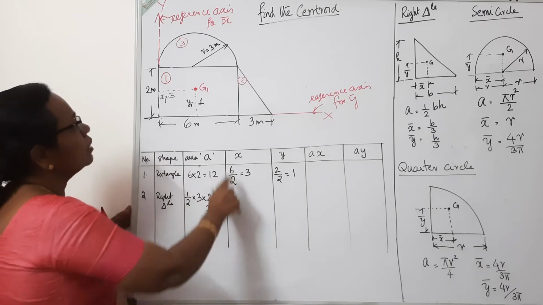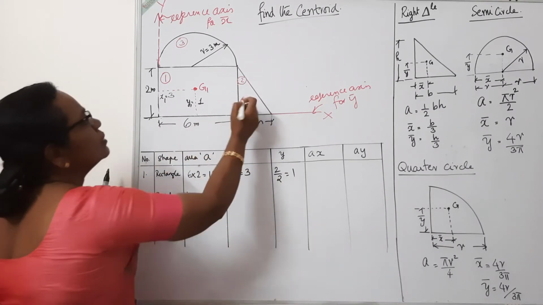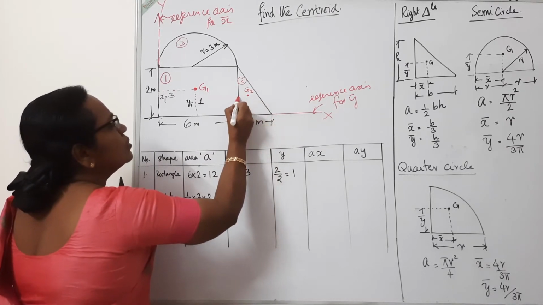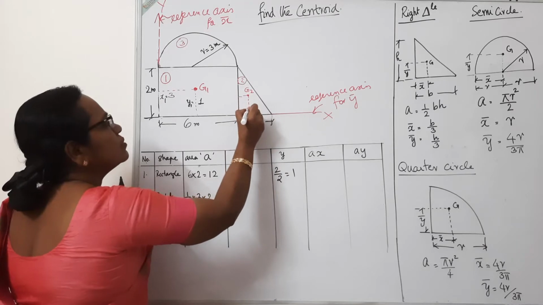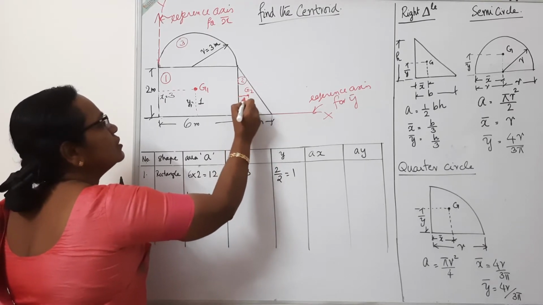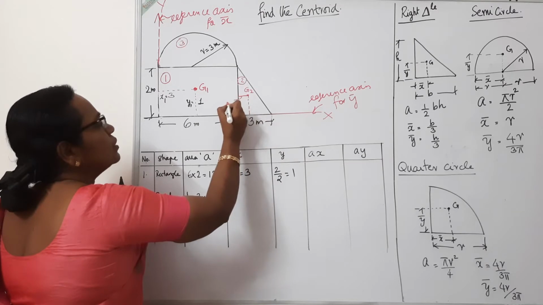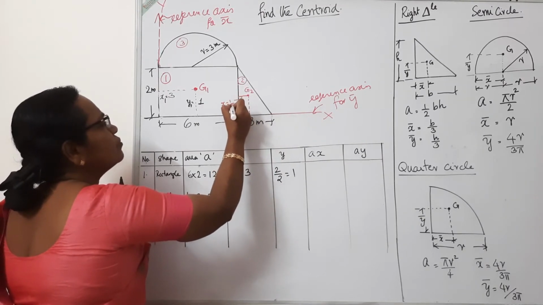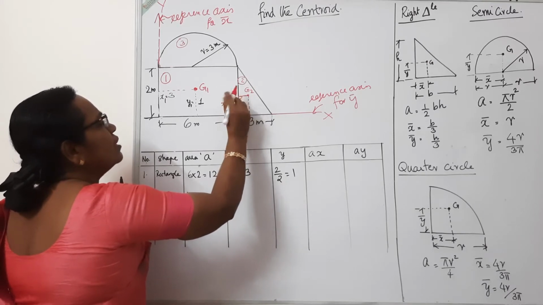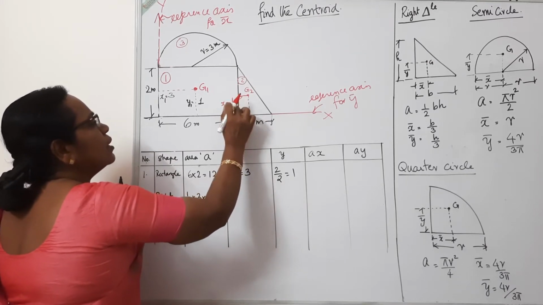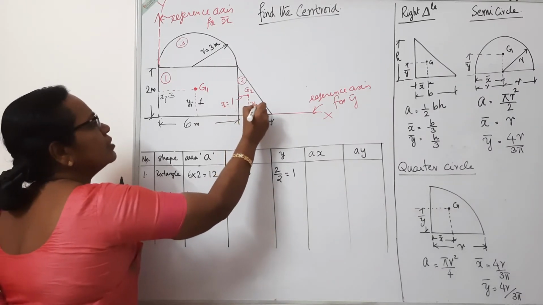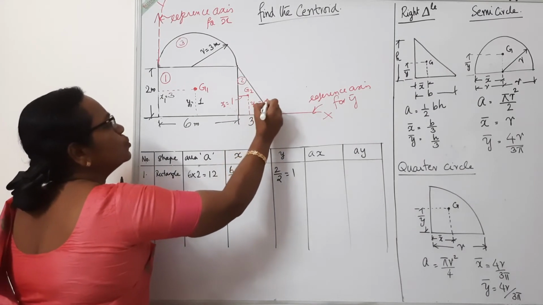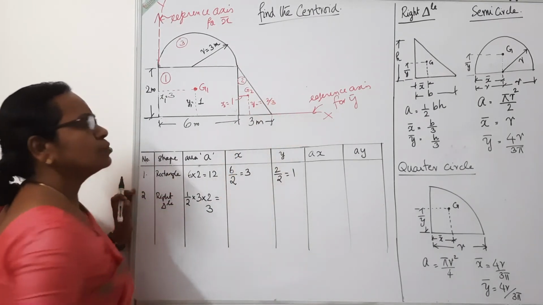Considering the second figure, say this is its center of gravity, G2. I have to find its coordinates. This is 3, so x2 is equal to 1/3 of 3, that is 1. And this is y2. The height is 2, so 1/3 of 2 is 2 by 3.